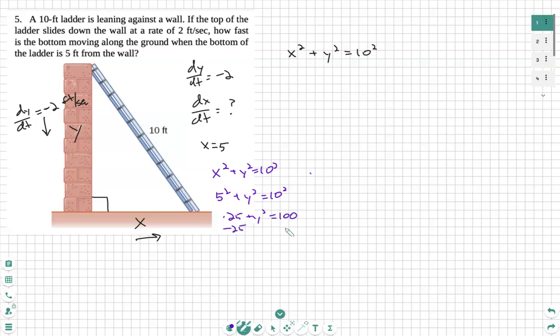Minus the 25 over, we get y squared equals 75. We will square root both sides. We can break down y as the square root of 25 times the square root of 3. So this becomes 5 square root 3. So when x is 5, y is equal to 5 root 3, which will be necessary when we talk about that specific moment.